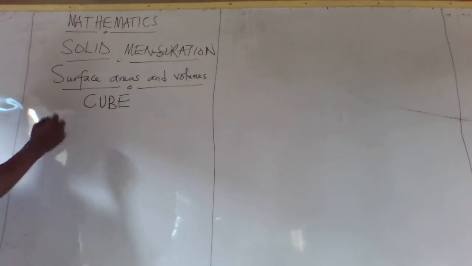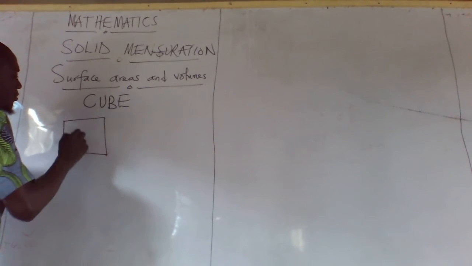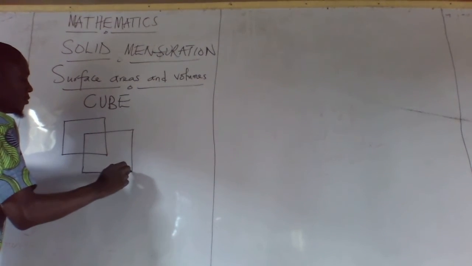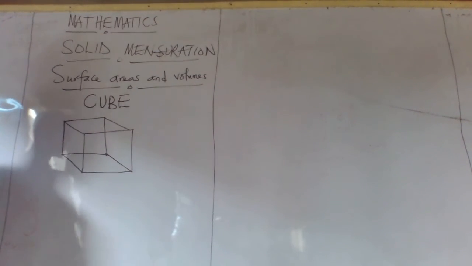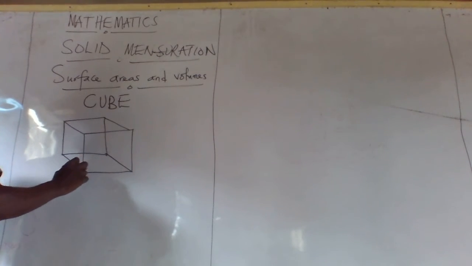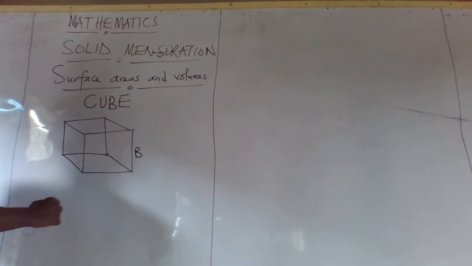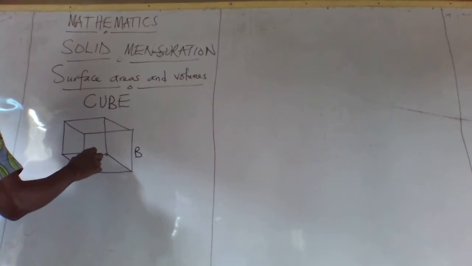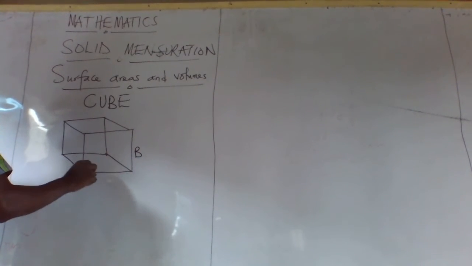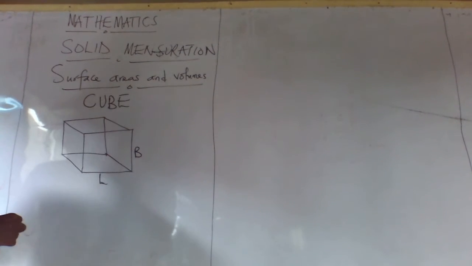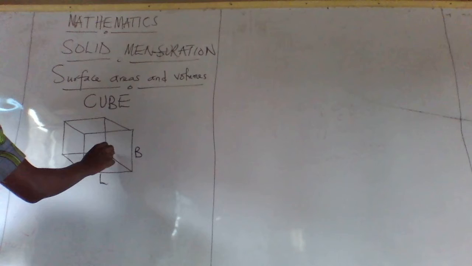So let's give a sketch of a cube here. This is the breadth, this is the length, and this is the height.